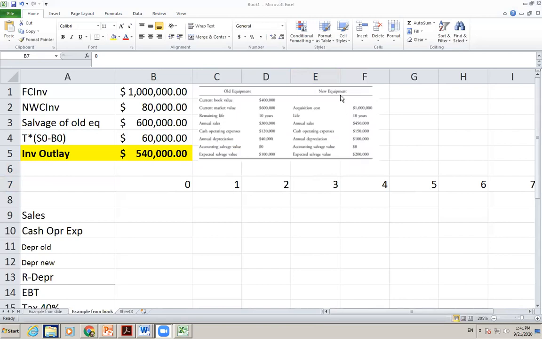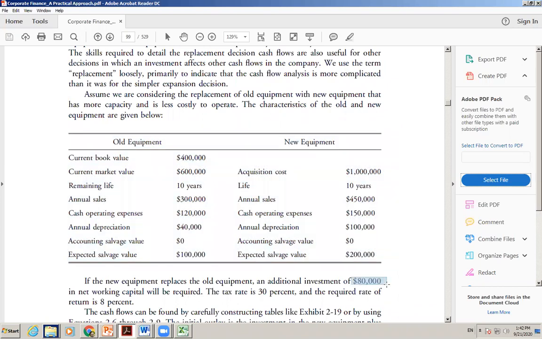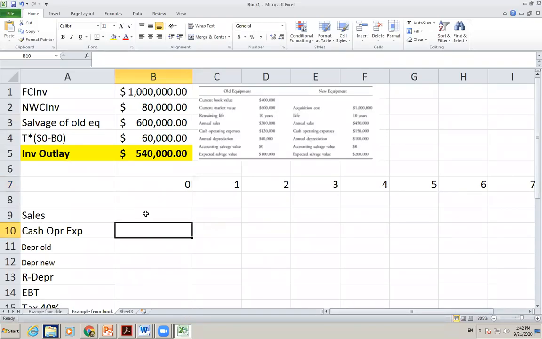Yes. Ask one question. Yes, please. Where did we get the net working capital investment? It's given in the book. It's given here. Like additional investment of 80,000 net working capital will be required. Okay. In the table we don't have, but it's always given.